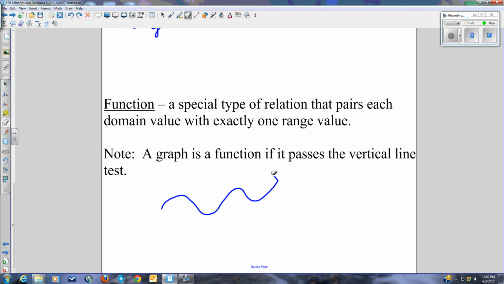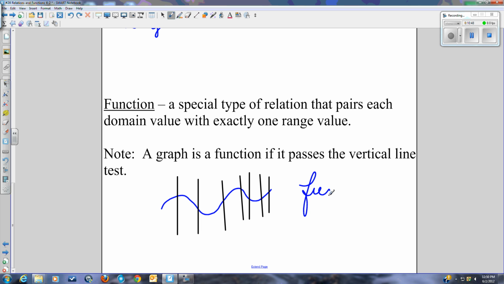I did not mean to have this piece on the end here. So if you can pass a vertical line through this at any point and it hits the line at only one point, it would be a function. And that is the case here. We'll see more examples of that in class.